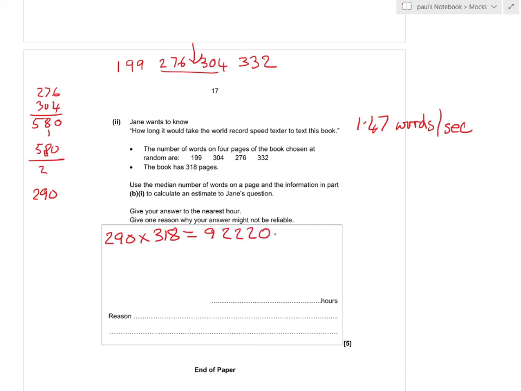So that's how many words there are in the book. Now we're going to divide that by the number of words per second. So 92220 divided by 1.47.